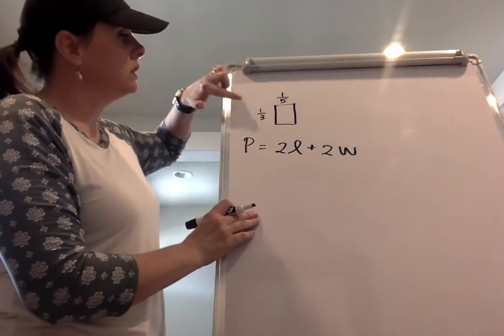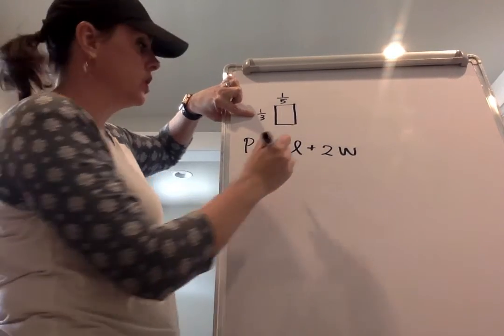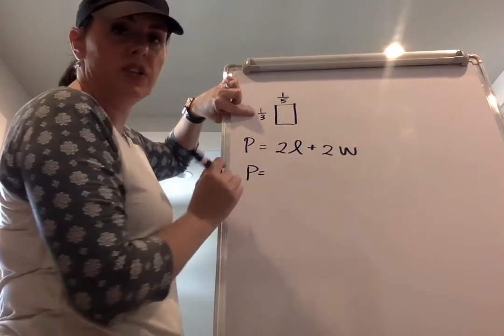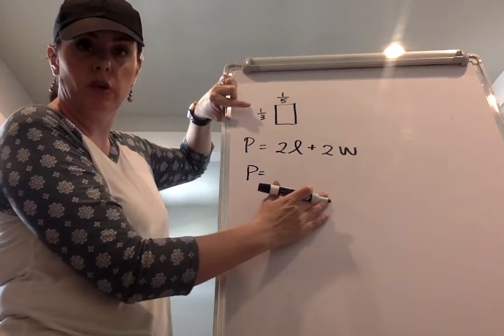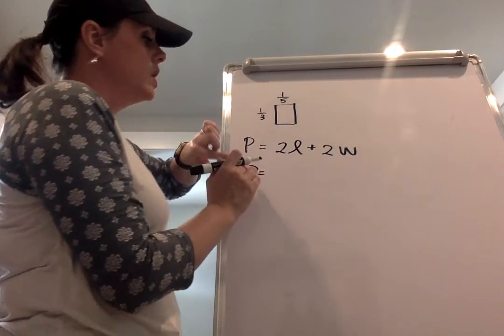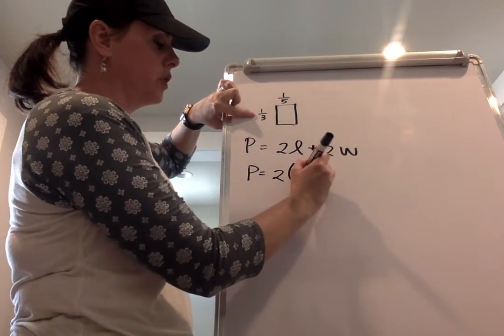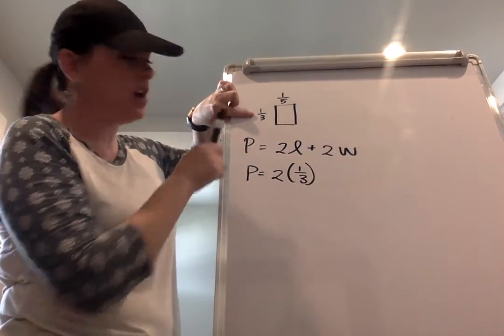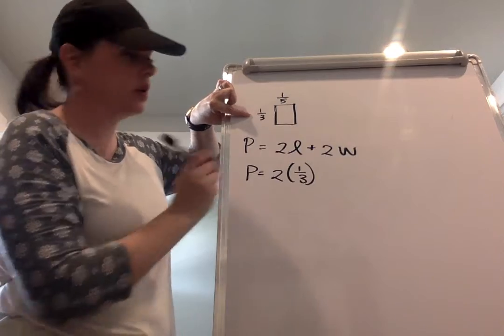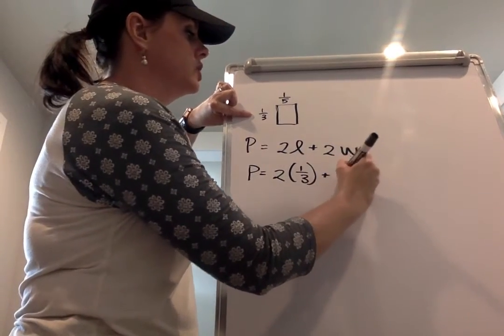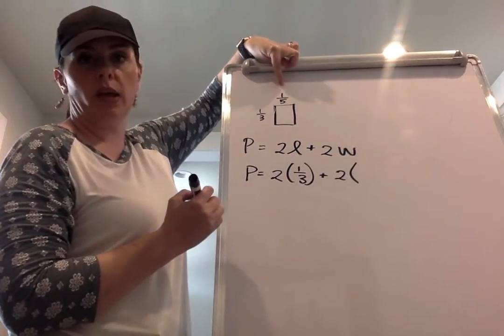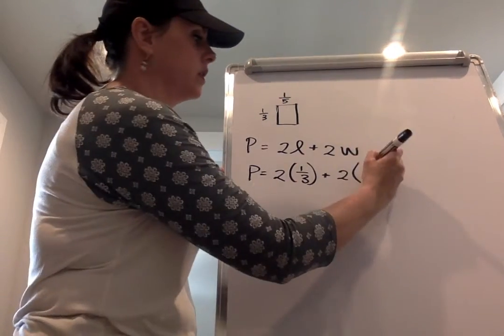Our length is 1/3, so let's plug these numbers into our formula. 2 times the length would be 2 times 1/3, plus 2 times the width, and our width is 1/5.